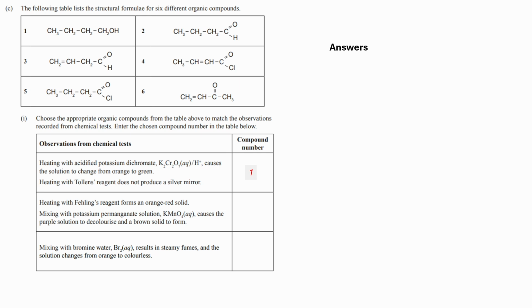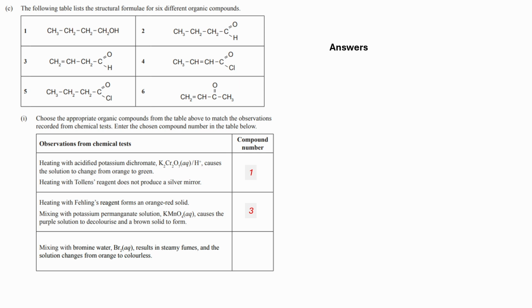So this one here is a really definitive test for an aldehyde, so it's going to be 3 or 2. But it says if we mix it with potassium permanganate solution, it causes the purple solution to decolorize to brown. Okay, so this is our test for unsaturation, or for a double bond. So we produce a diol from this and we add permanganate to it. So we must have here an aldehyde and a double bond carbon. So that must be number 3.